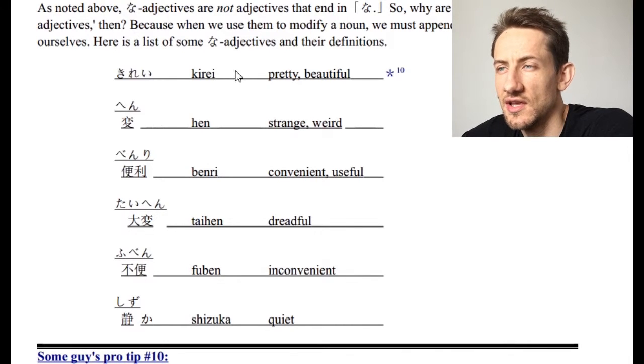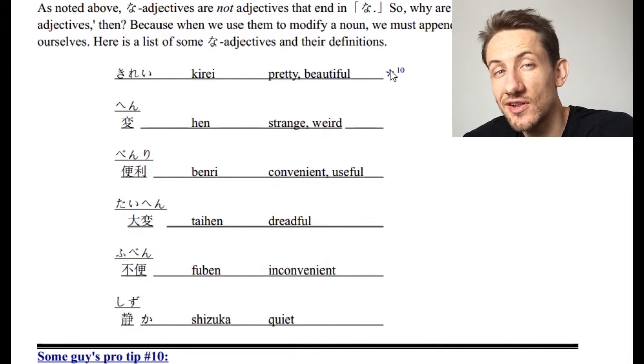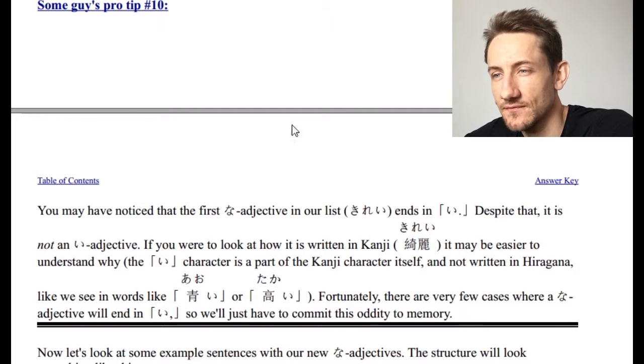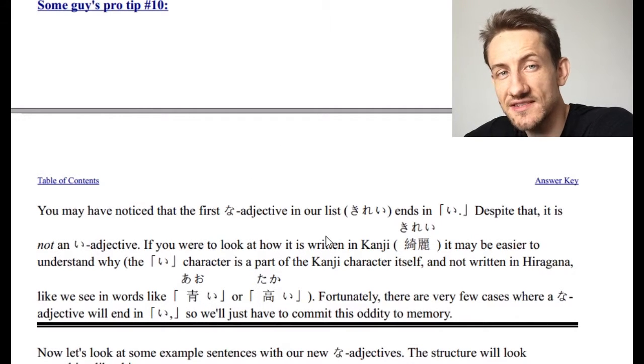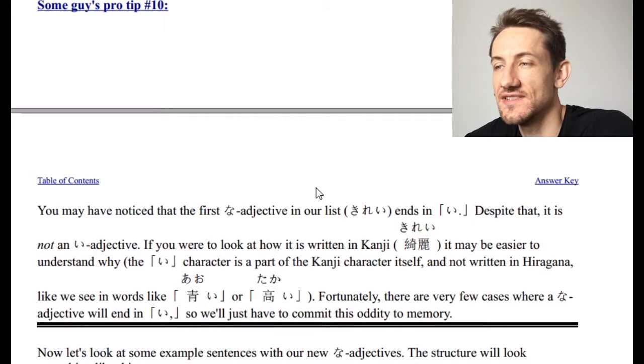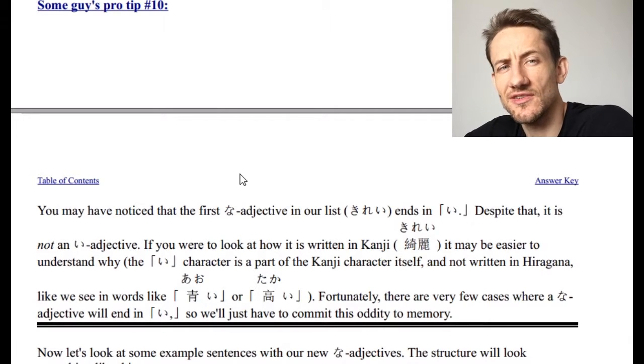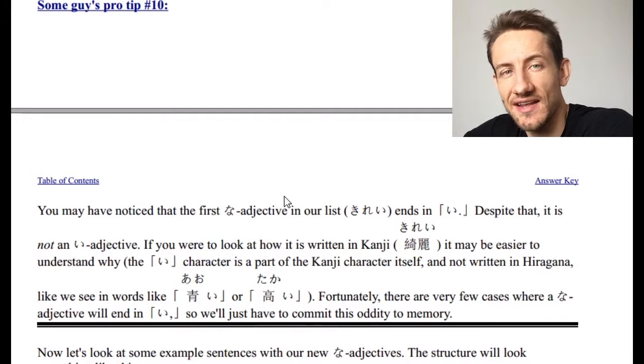Here we have a pro tip, so let's learn a little bit about kirei. The first adjective in our na-adjective list is a special one. Kirei ends with the e character, but it is not an i-adjective. It is a na-adjective. You might be confused, why is that? Well, the reason is because kirei can be written in kanji.